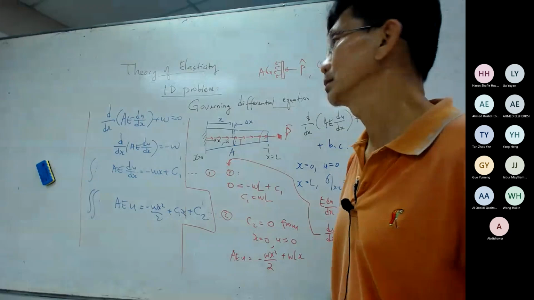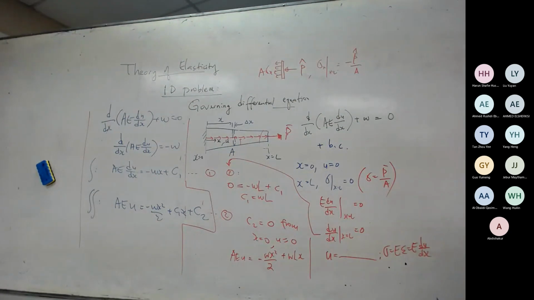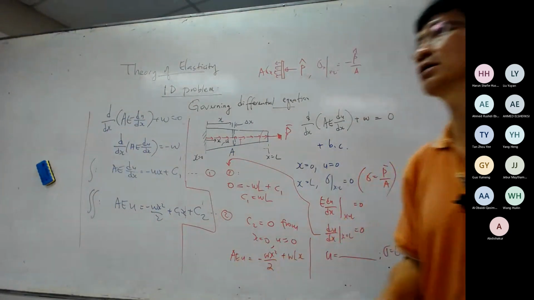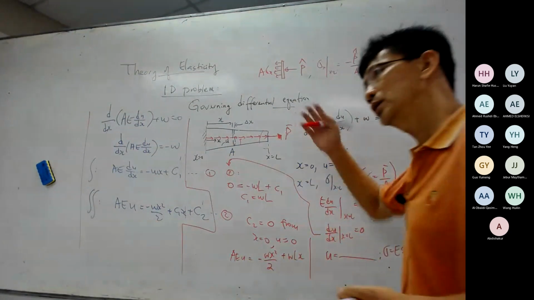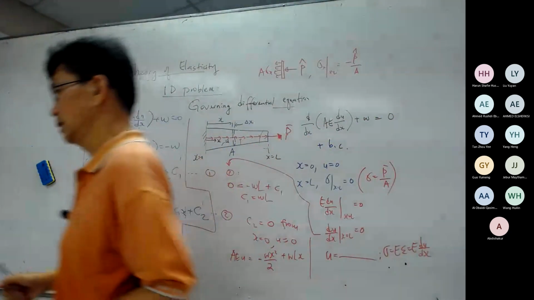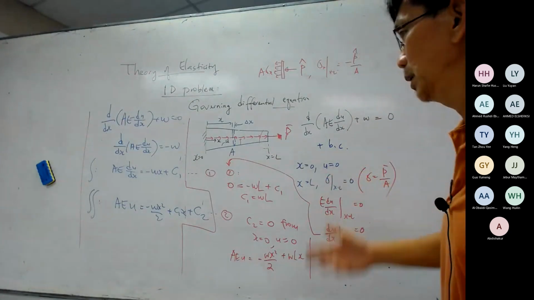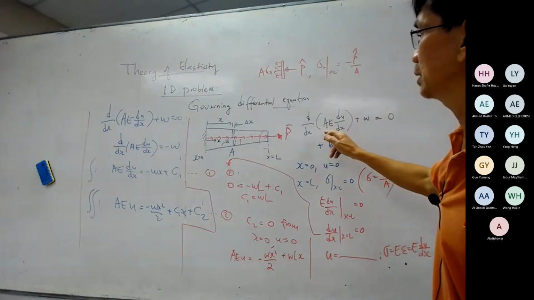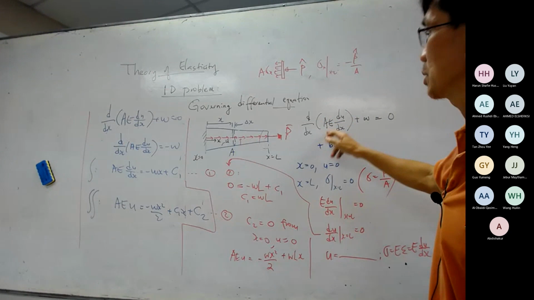Once you get u, you differentiate once with respect to x, and you can get the equation for stress as well. That is how we complete the solution of what we call a 1D problem. We solve the problem completely using the governing differential equation plus boundary conditions.